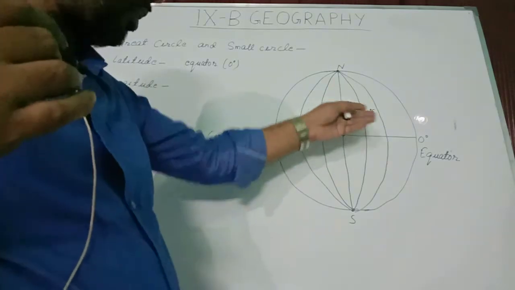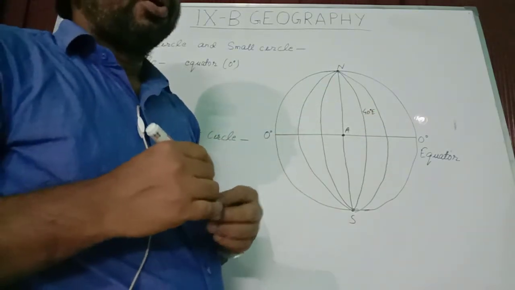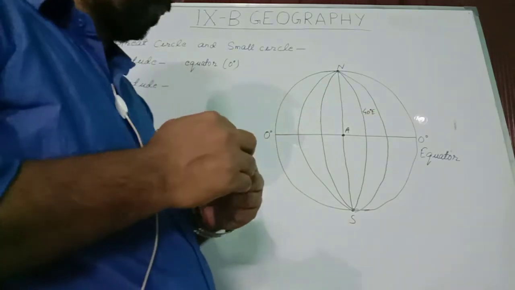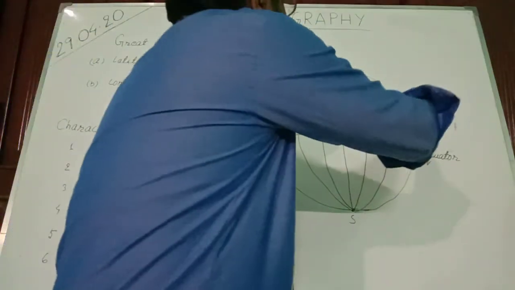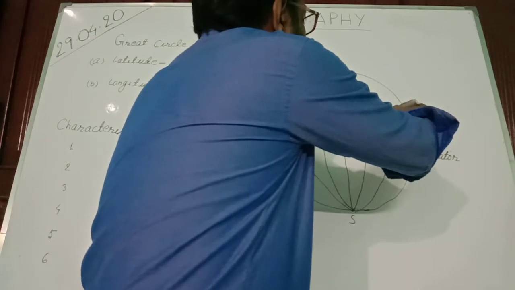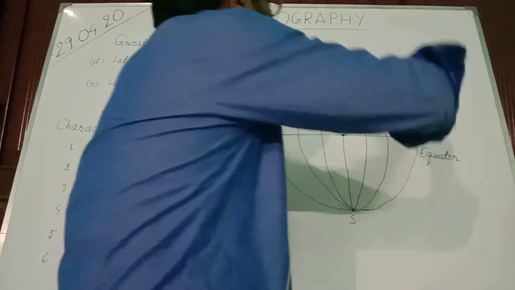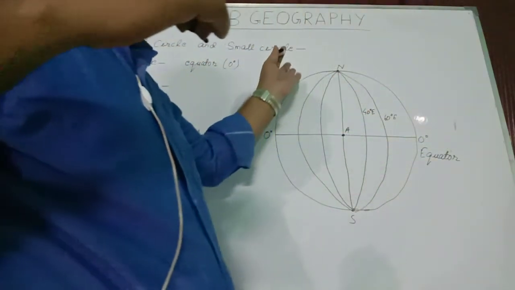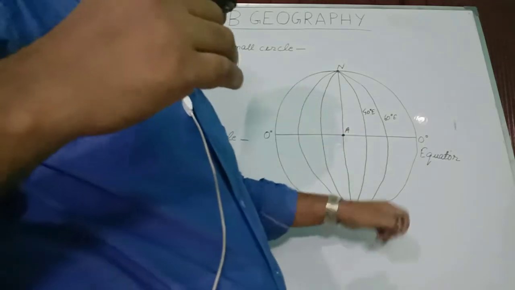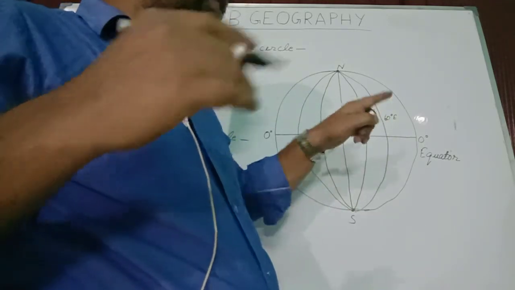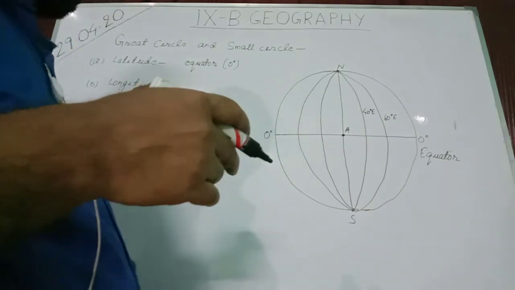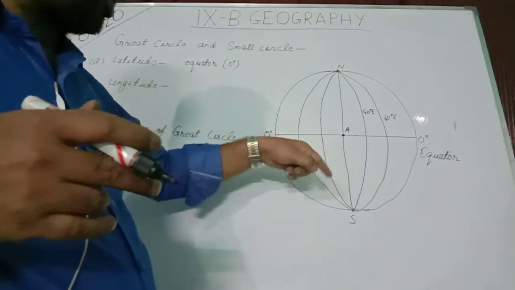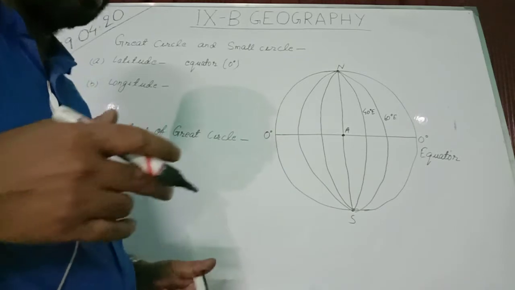The opposite longitude of 40 degree east will be 140 degree. Suppose this is 60 degree east. The opposite of 60 degree east will be 120 degree. So, that 120 degree and this 60 degree will make the great circle. So, longitudes also pass through the center of the earth.